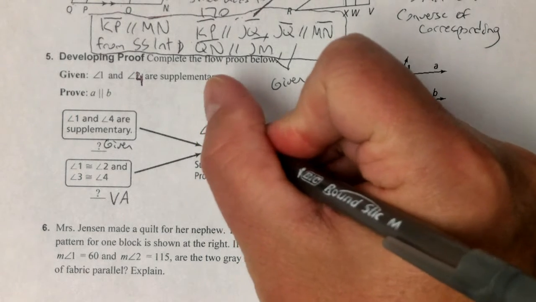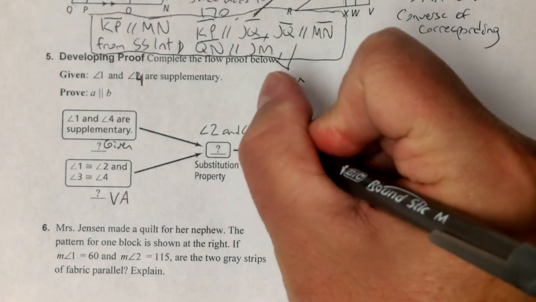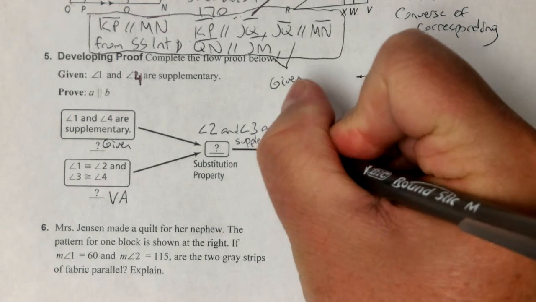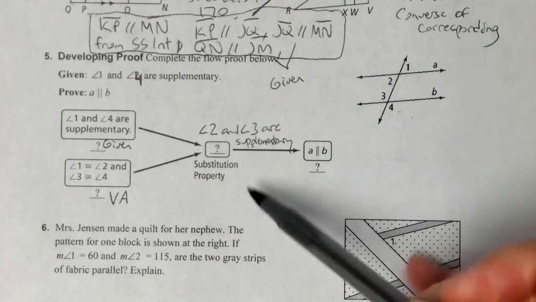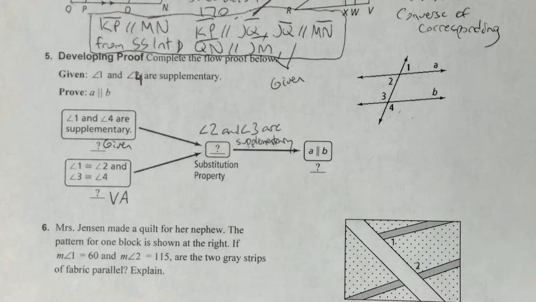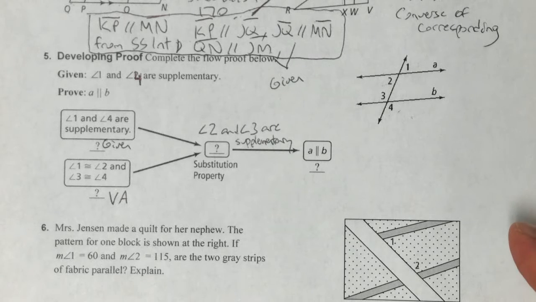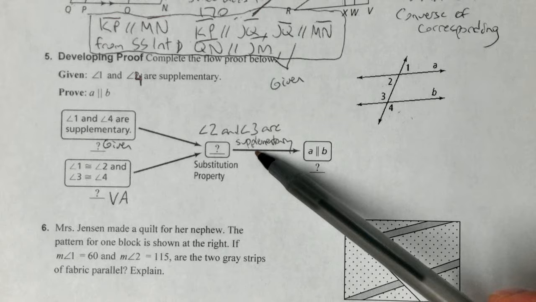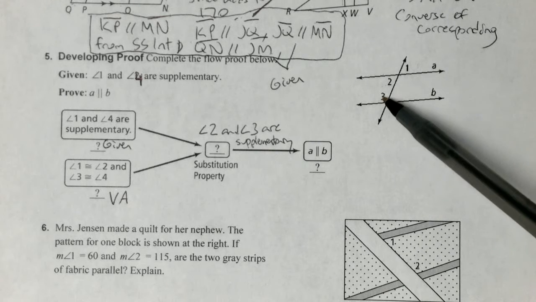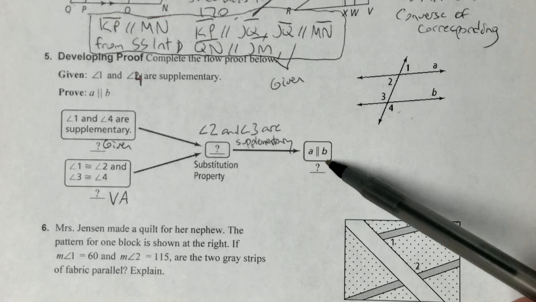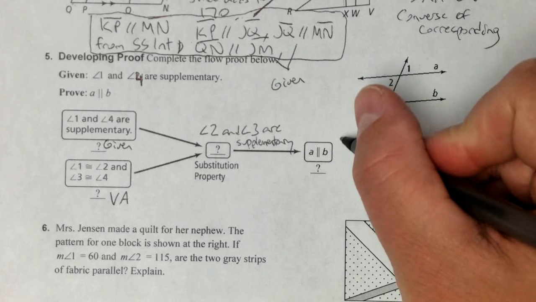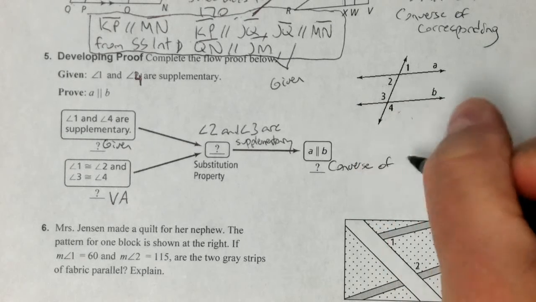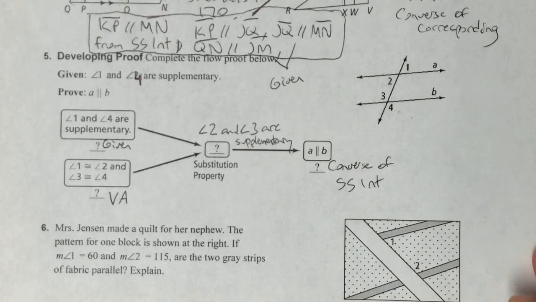So angle 2 and angle 3 are supplementary from substitution. Okay. Now that we've done that, then we look at what type of angles they are. They're same side interior, so then this would be converse of same side interior.